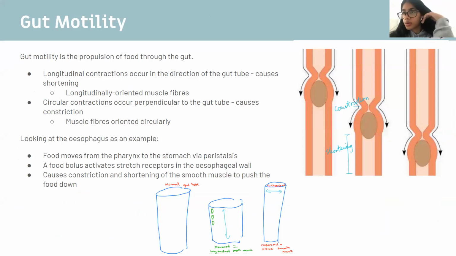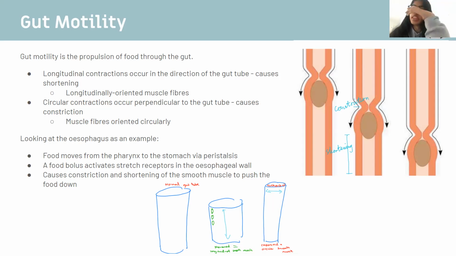Something I just want to cover quickly is that you've got two different types of smooth muscle within the gut. You've got the longitudinal smooth muscle, which in my really random diagram that I made last year to understand this concept a bit better, is the green cells.